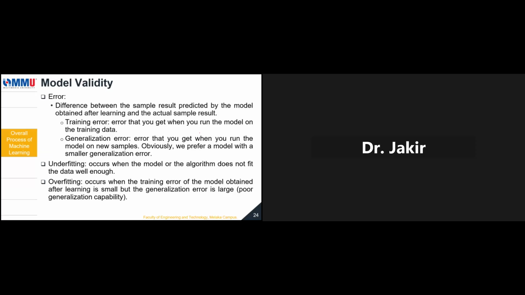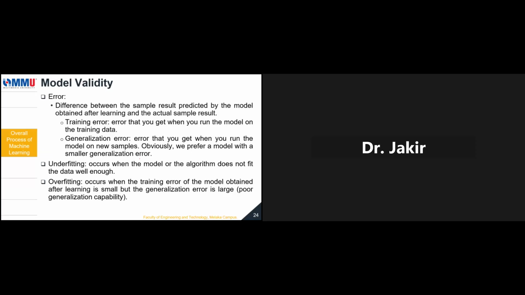There is a training error and a testing error, which we call the generalization error in other words. There is underfitting. What is underfitting? What is overfitting? These are all parameters to conclude whether the system is good, better, or best, valid or invalid, right?